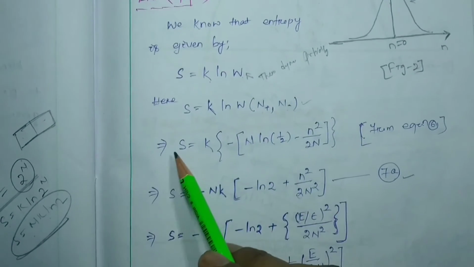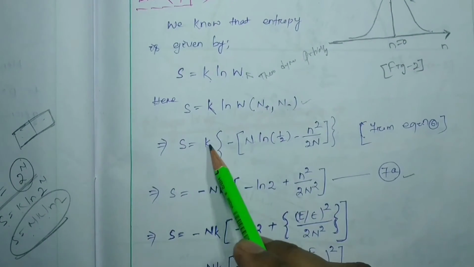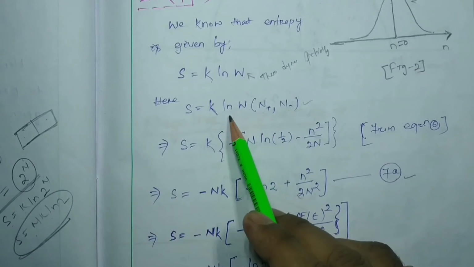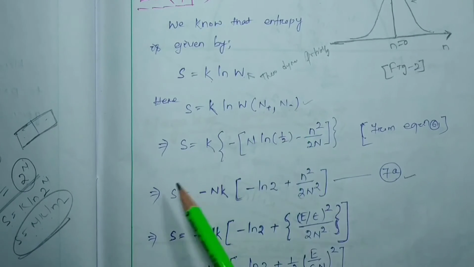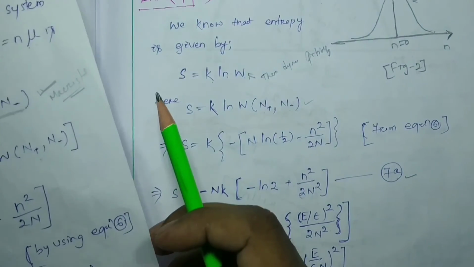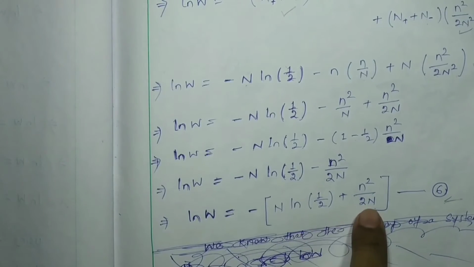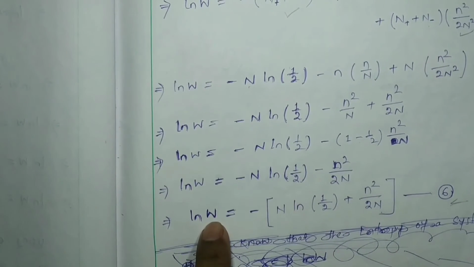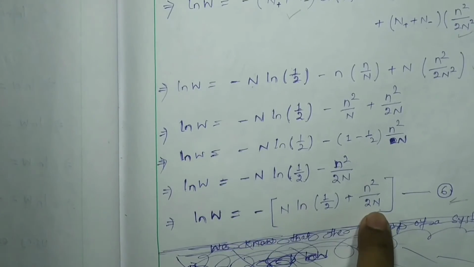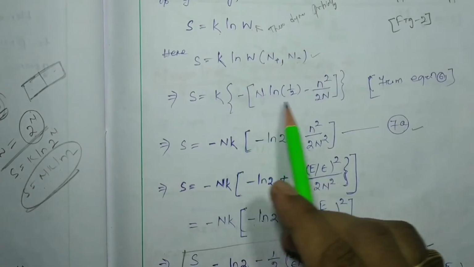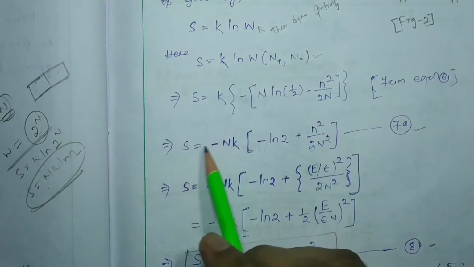So that implies S will be equal to k into ln W(n plus, n minus). Already we found this in our equation number 6, ln W. Here W is nothing but W(n plus, n minus). This one I have to substitute over there. Here I have substituted. So how much can we get?